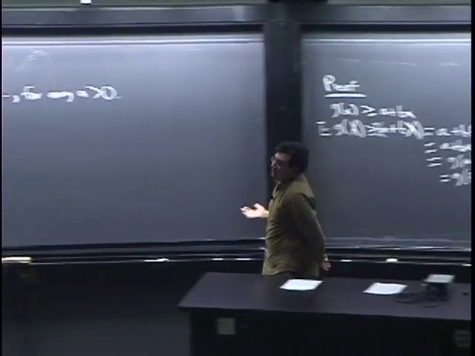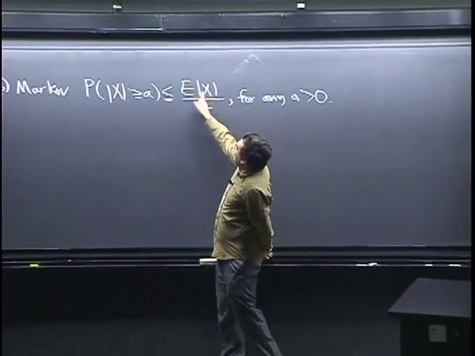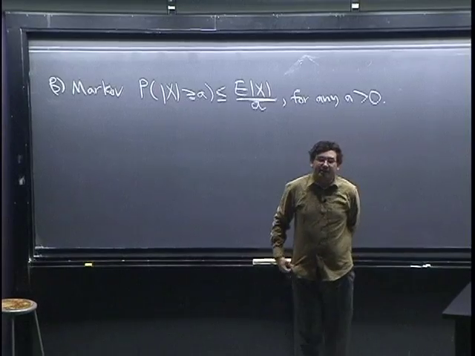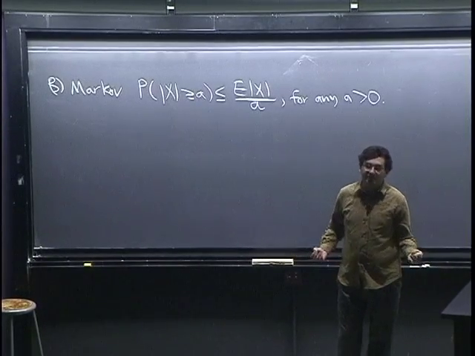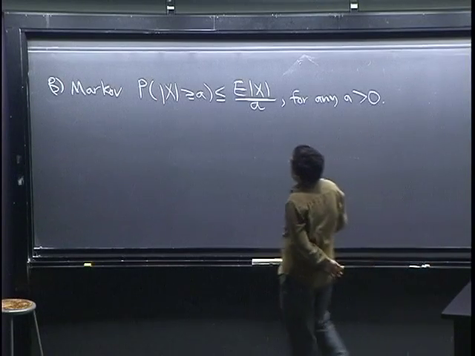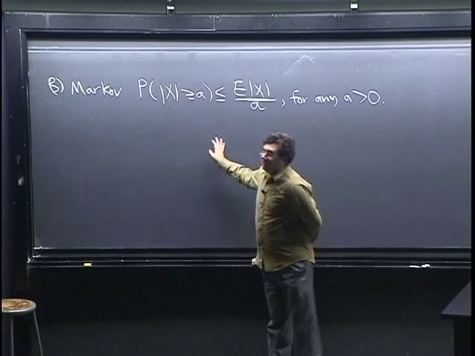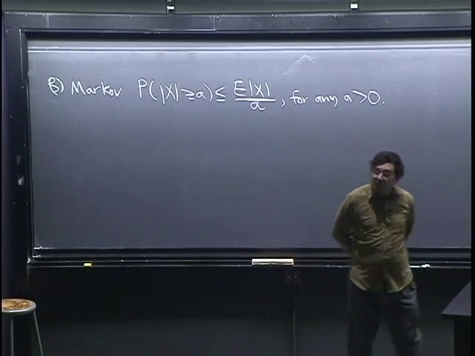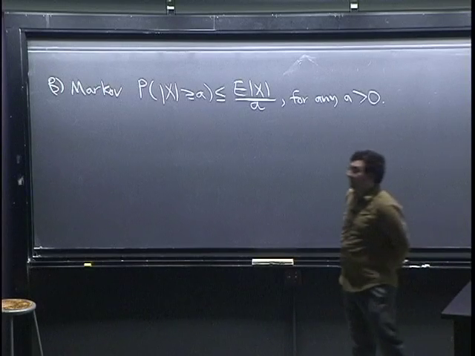In some cases, the right-hand side is bigger than 1, in which case this is true, but tells us absolutely nothing.